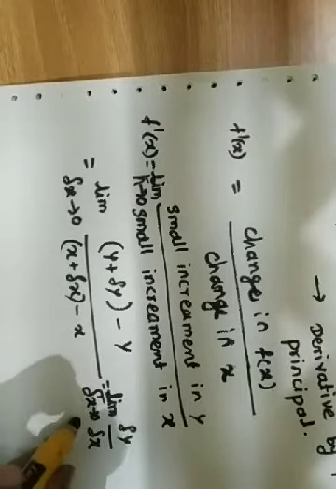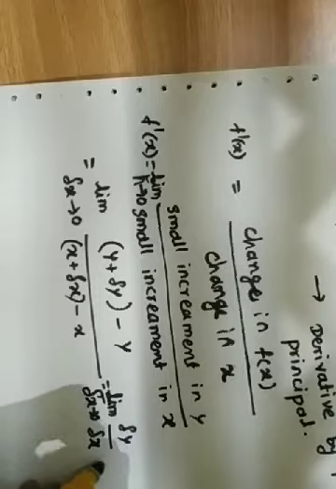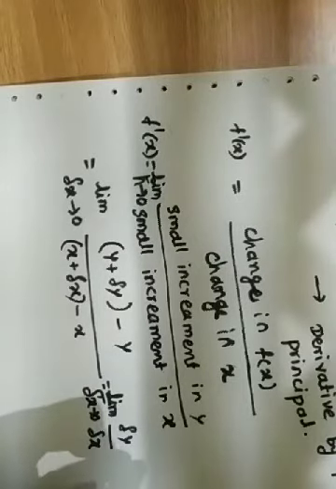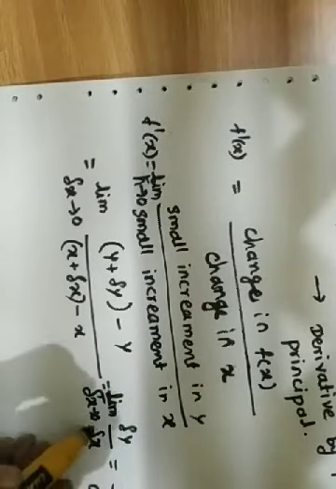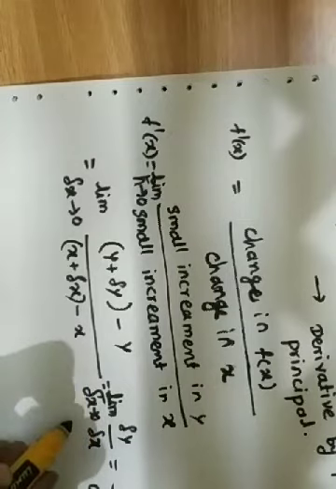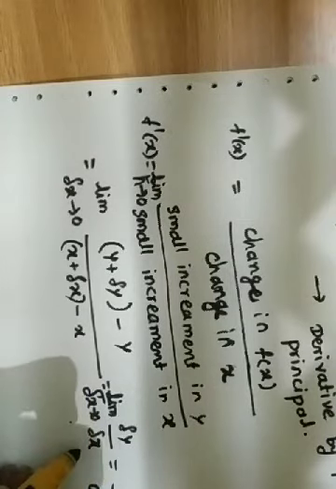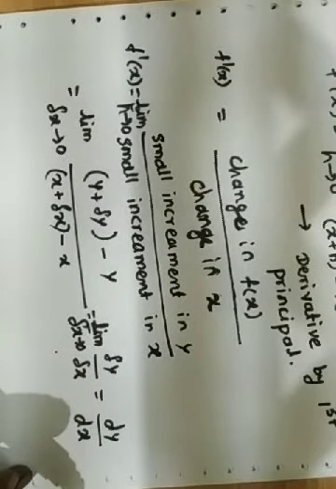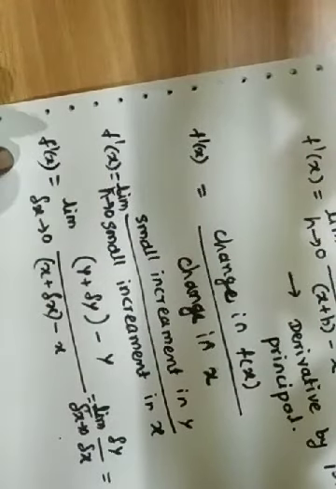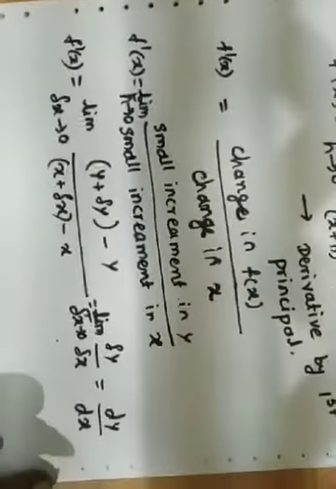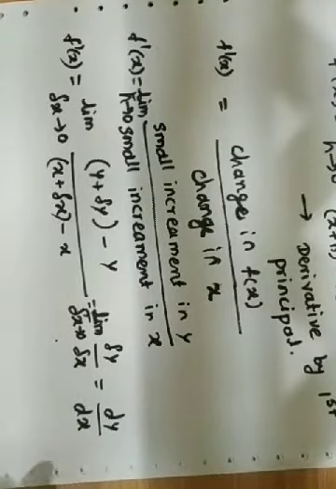For this we write dy by dx. Whenever there is limit as delta x tending to 0, delta y by delta x can be written as dy by dx, and f dash of x is equal to dy by dx. We know about this earlier.